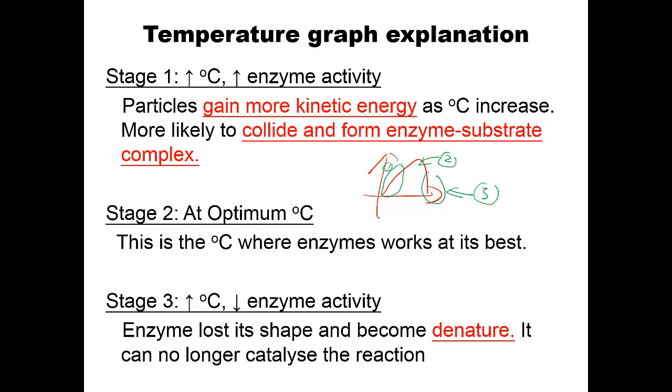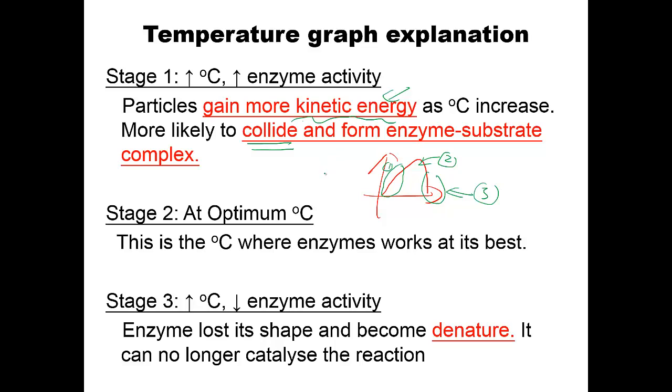Anyway, for stage 1, since the temperature increases here, the enzyme and substrate move faster with higher kinetic energy as temperature increases. So they are more likely, with higher probability, to collide. Collide means they will hit together and form the enzyme-substrate complex. If you recall in the simulation, that is how they do it, right?